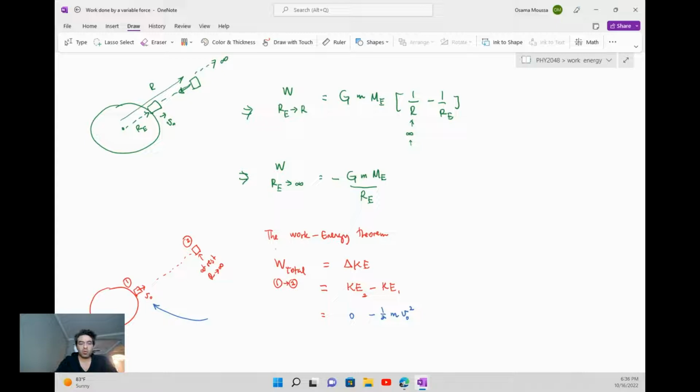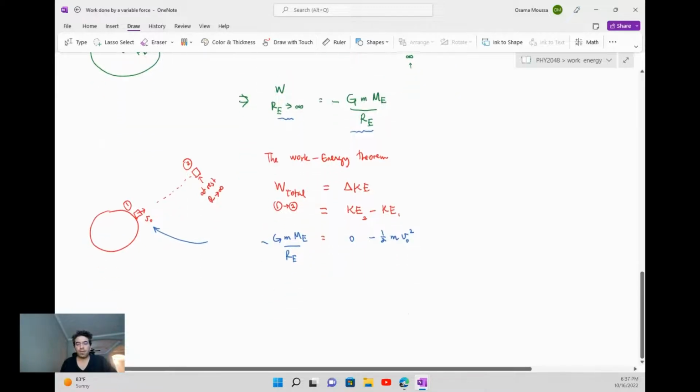And of course, the total work that was done on it is this amount of work because I want to take it all the way to infinity. So that's minus G M M_E. This is the amount of work to go from situation 1 to situation 2. So that's the amount of spending that you've done. So that's equal to the difference in the balance between the beginning and the end. So I can use this to find v naught.